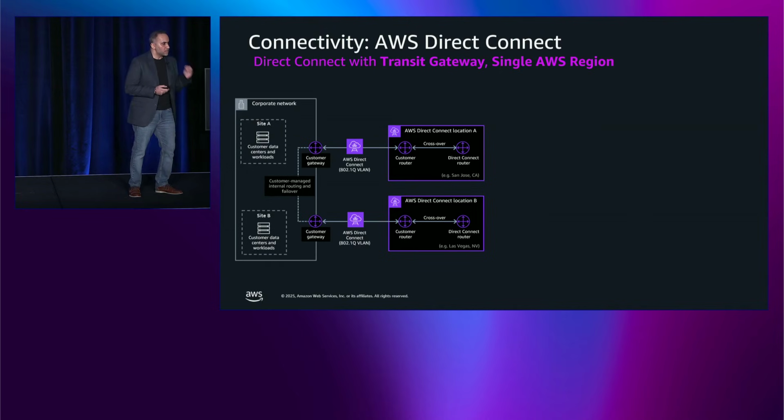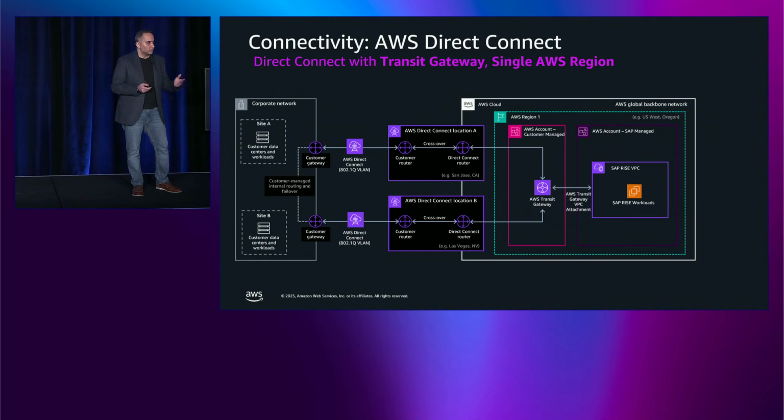Now, these are physical sites where customers' network equipment connects with AWS network equipment. Now, notice we have two separate AWS Direct Connect sites here. This dual site architecture is a best practice as it provides redundancy in case one site faces any issues, the traffic can be routed from the other.